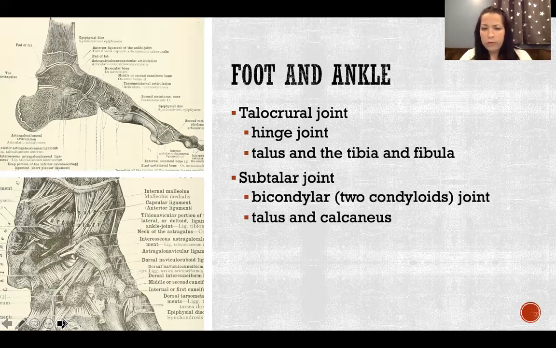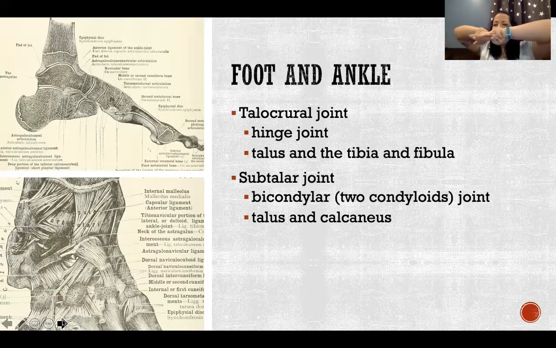It's also sometimes referred to as the talocalcaneal joint. Those two terms are synonymous. I don't care which one you use. I always use subtalar, just out of habit, but neither is more or less correct. So subtalar is the same thing as talocalcaneal. It's a bicondylar joint. So basically it's a condyloid joint, but with two condyloids that sit next to each other like this.